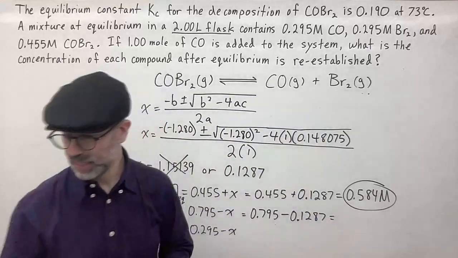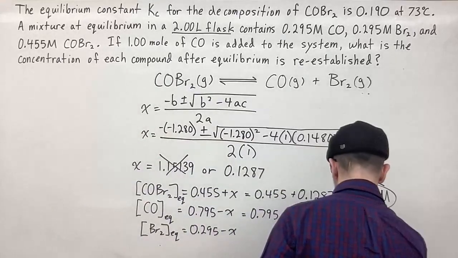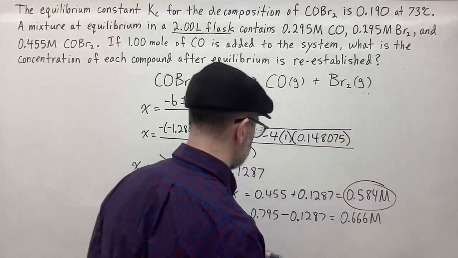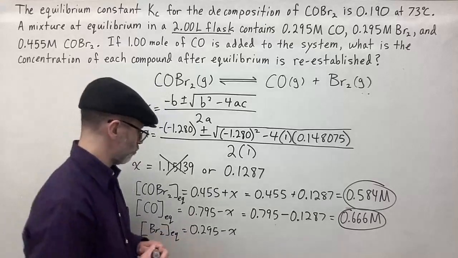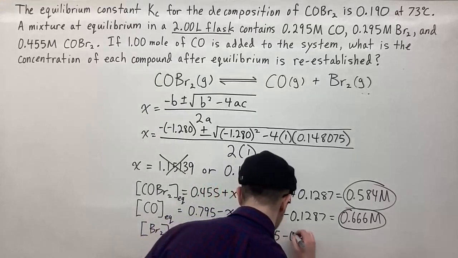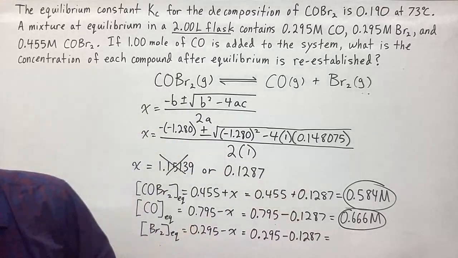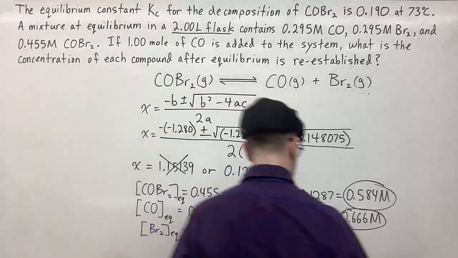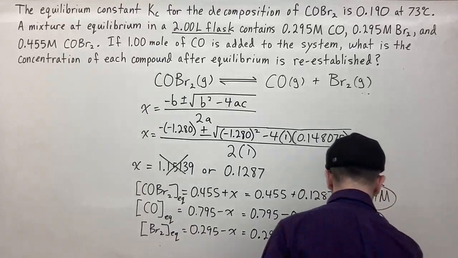And for that one we get 0.666 molar for CO. And then Br2, that's going to be 0.295 minus 0.1287, and that's going to be 0.166 molar.